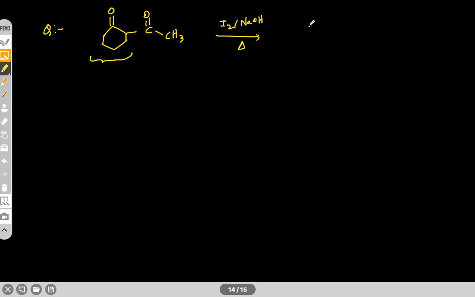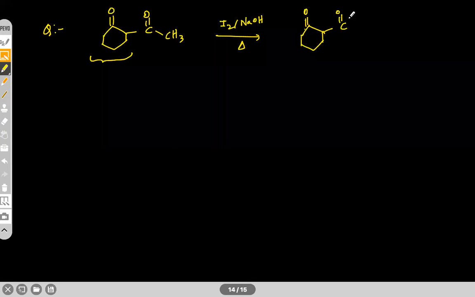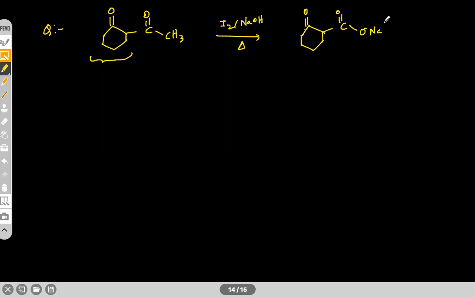COCH3 converts into R as it is, C double bond O, and CH3 will get O minus Na plus, and CH3 will get CHI3, iodoform.